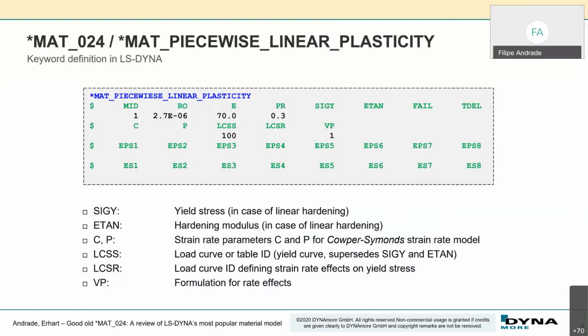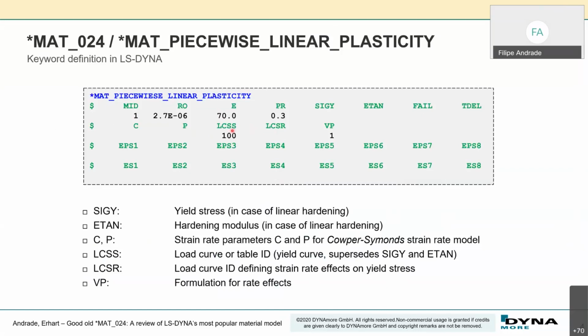We also have here CP, LCSR, and VP. All these flags are related to strain rate effects. CP are the so-called Cowper-Symonds parameters. LCSR is a curve that you can define where you have scaling factors as a function of the strain rate.